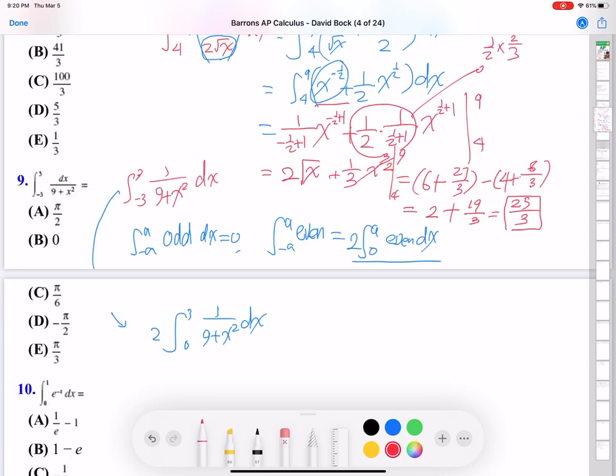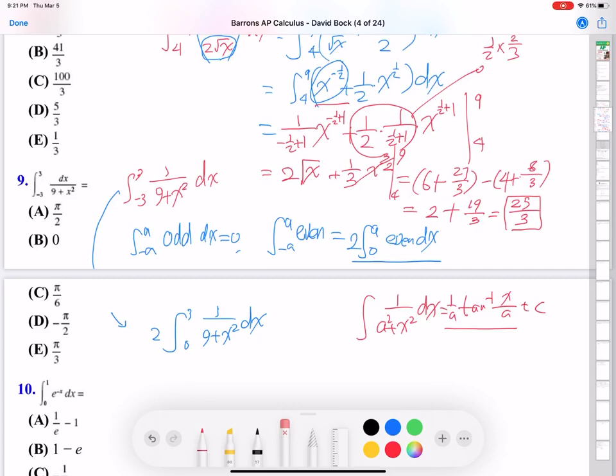Do you remember the arctangent integral, right? I mean, the derivative of arctangent. And then what is the integral of 1 over a squared plus x squared dx? That is arctangent, tangent inverse x over a, and the coefficient is 1 over a, plus c.